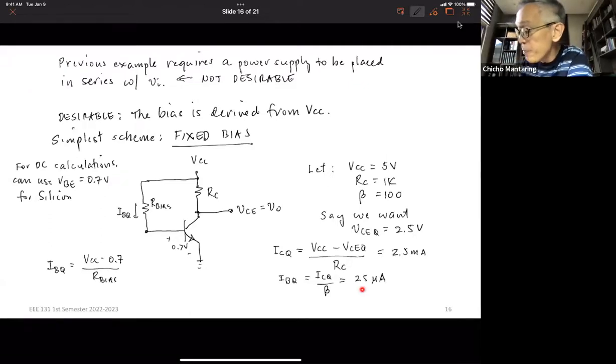I know IBQ, so I can solve for R bias. My R bias, which I already computed, is going to be 172 kilo ohms. So that is what I have to put here, so that my VCE will be equal to 2.5 volts.